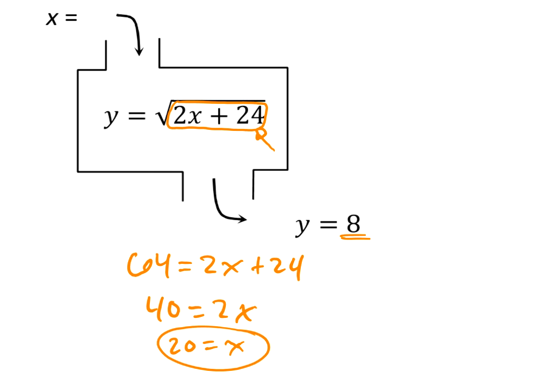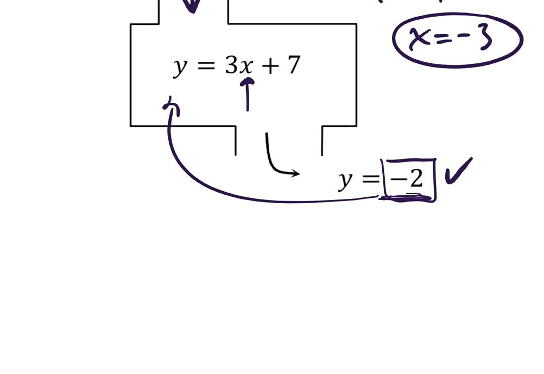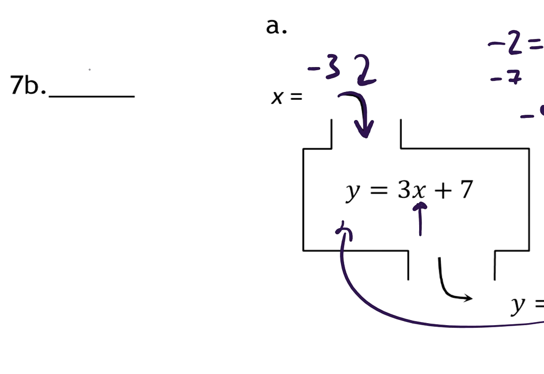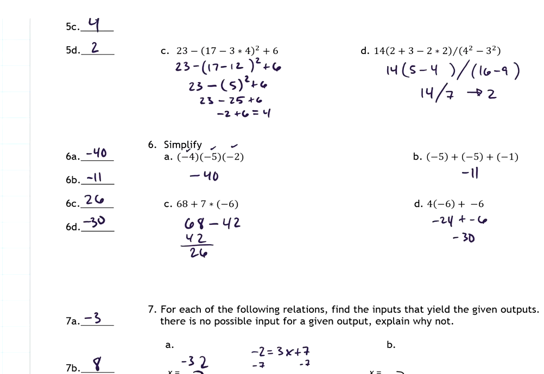And you can run that back in there, 2 times 20 plus 24, which is 40 plus 24. And 40 plus 24 is 64. And yeah, the square root of 64 is indeed the value 8. So that's the end of the second page.